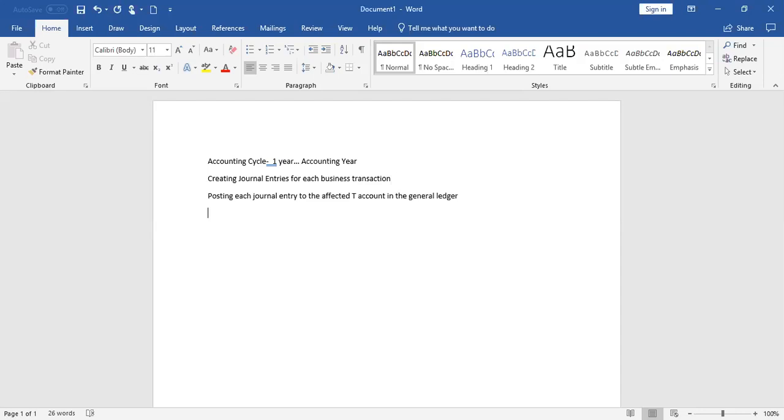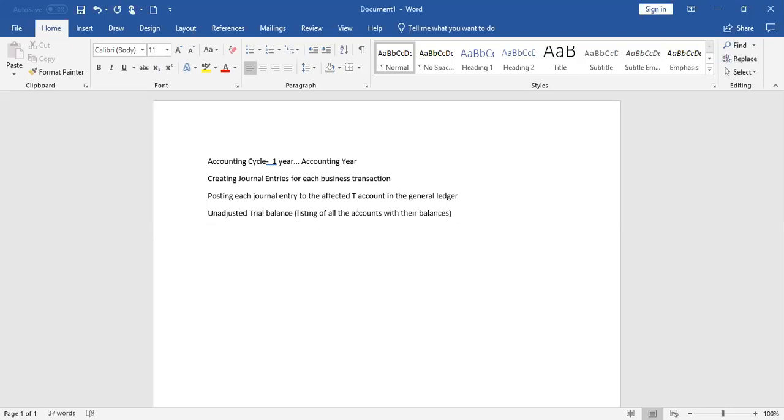So that's what sets off the next part of this cycle. And that is finding a balance in each account and creating that trial balance we learned in Chapter 2. And we give this trial balance a name now. It's called an unadjusted trial balance. Remember, a trial balance is just a listing of all the accounts with their balances.